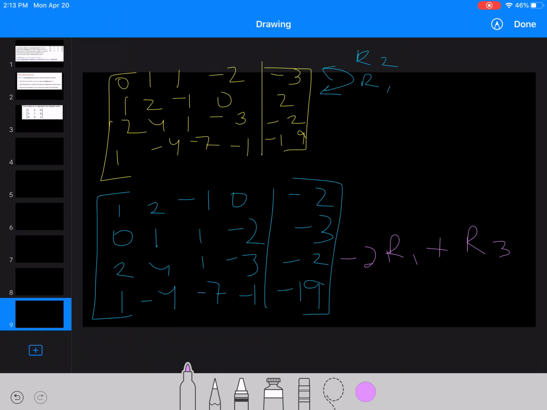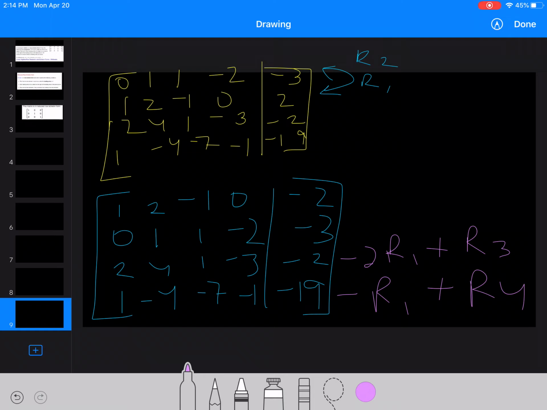And then what we're going to do is negative R1 plus R4. Now, the reason why we're doing negative 2 times R1 plus R3 is because my leading term on R3 is a 2, and I want to get rid of it. So if we do negative 2 times R1, everything in R1, remember, is multiplied by negative 2, and we add those results to R3, and that's going to cancel that leading term to a 0.